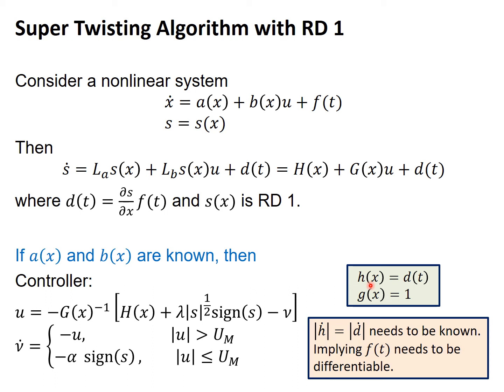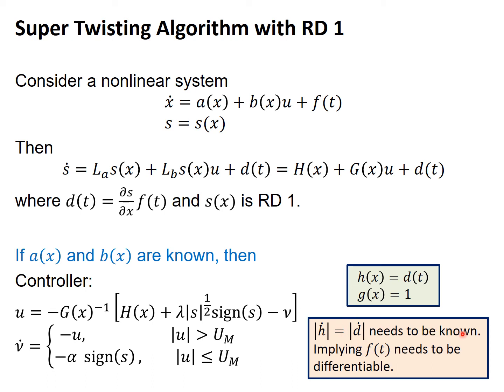This is one very important assumption that we had taken, which is that mod of h dot was there in one of the assumptions. That means this mod of d dot needs to be known.